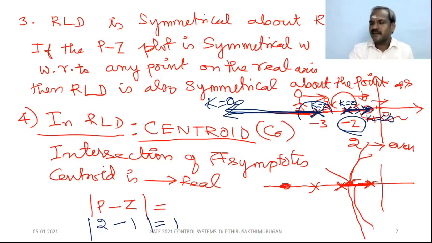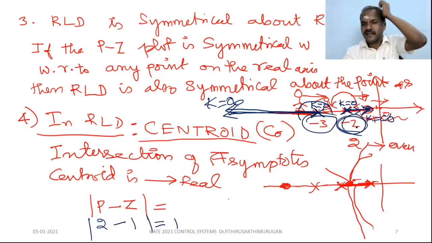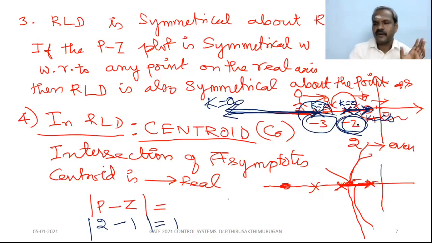Then the sum of the real parts of the zeros of G(s)H(s) is 1. So 5 minus 1 is 4, divided by P minus Z.